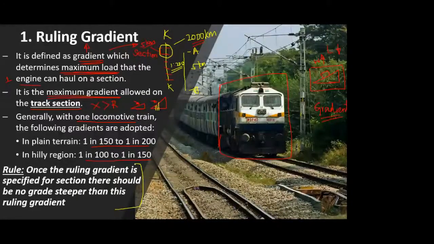Once we note down this rule, that the ruling gradient is the steepest one in a section and no gradient should be steeper than this, the next two types of gradient that we'll be seeing will immediately be violating this rule. But there are some reasons for those violations.